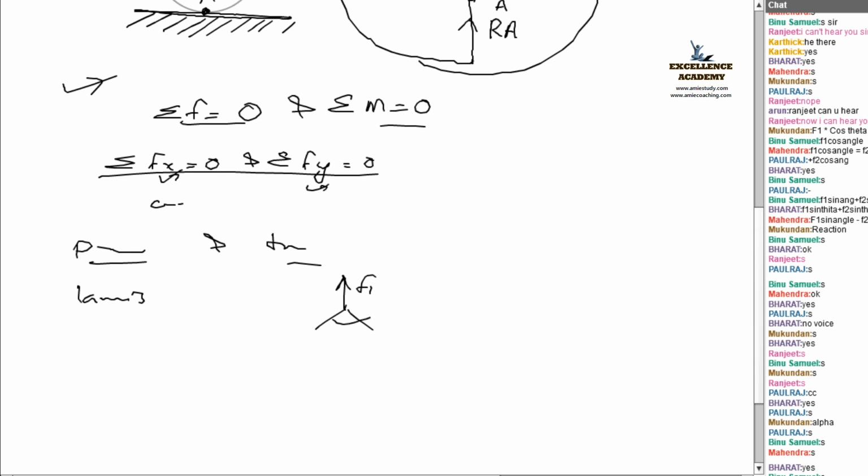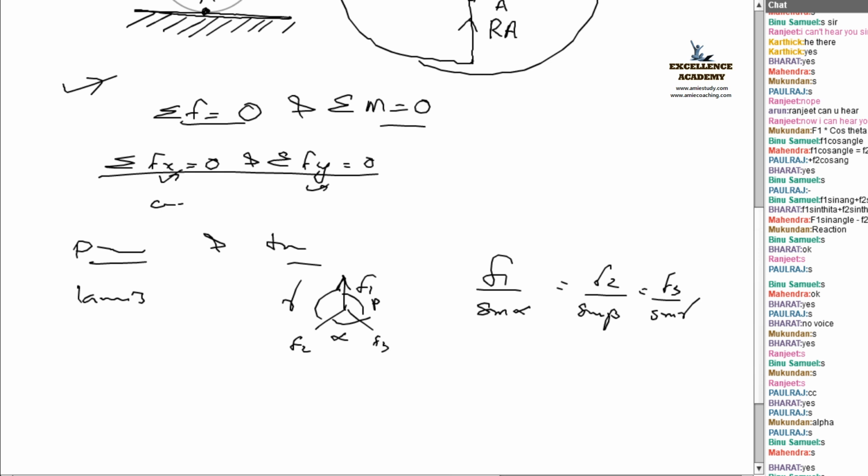To 1 by sine of the other angle. That means F1 by sine of the angle between the other two forces, isn't it? Say F1 by sine alpha, and if here it is beta, then F2 by sine beta, and this one is gamma, so F3 by sine gamma.